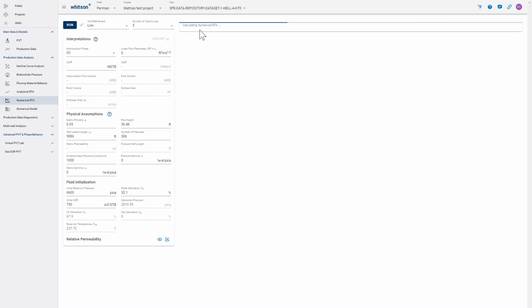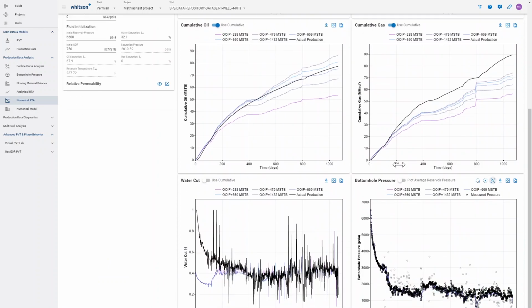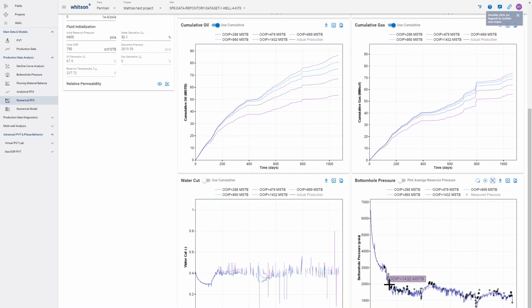So when these numerical RTA results are finished and plotted on the screen, you should see that the bottom hole pressure runs right here behind the numerical results are actually much cleaner than what would be the case if I did not do that smoothing.